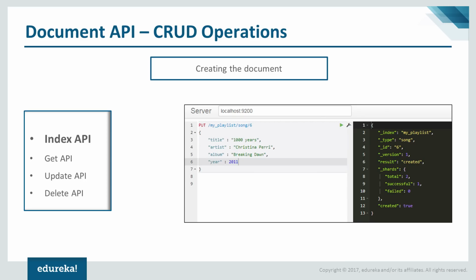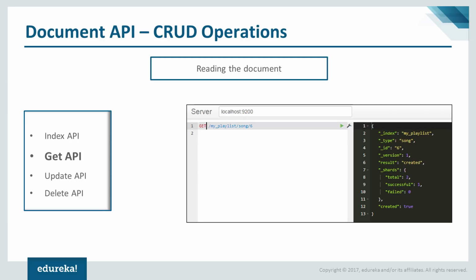So I'll go back to my slide now. The same thing is done here. With the help of put, I am creating the document. If I want to read a document, I'll make use of the get method. I'll show you this.